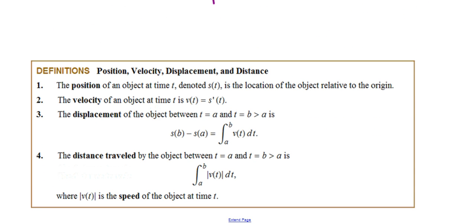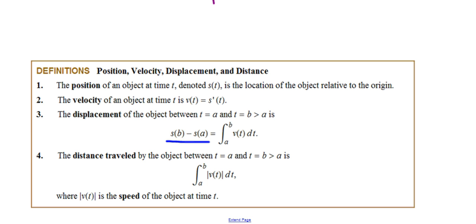We have the position of an object at time t, which is the location of the object relative to the origin. The velocity of an object is v of t, or the derivative of position. Displacement of the object from some time a to time b, as long as b is greater than a, is the position s of b minus s of a, which is equal to the integral of the velocity.